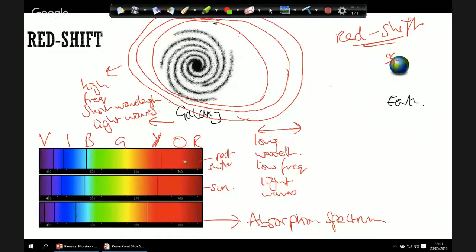So this would, for example, be the absorption spectrum from a galaxy which is moving away from us, and this would be our sun. This, on the other hand, would be a galaxy moving towards us, because all the lines have shifted in the other direction. So this would be a galaxy moving away, and this down here would be a galaxy moving towards us.